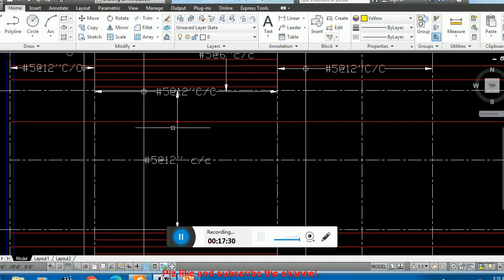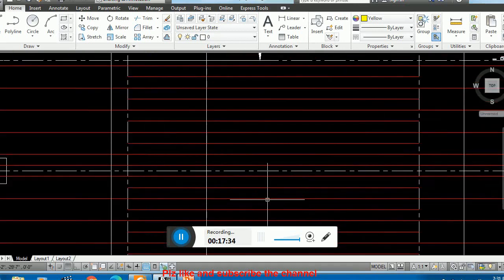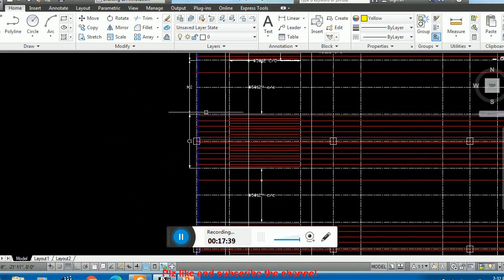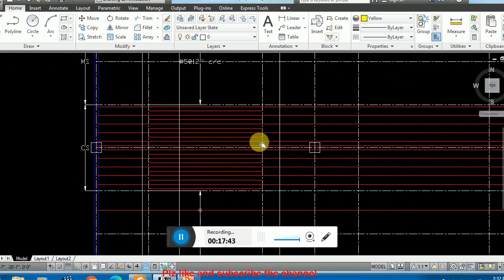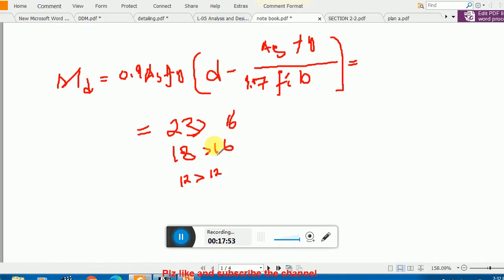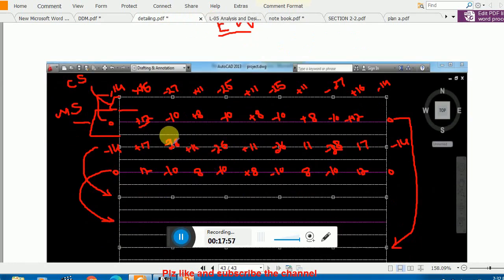Okay, and then the east-west direction. Further, what we have next is the panel. Here you see this is the column strip, and in the east-west direction. Now here I'm using the lesser spacing because in this movement you see this is 17.